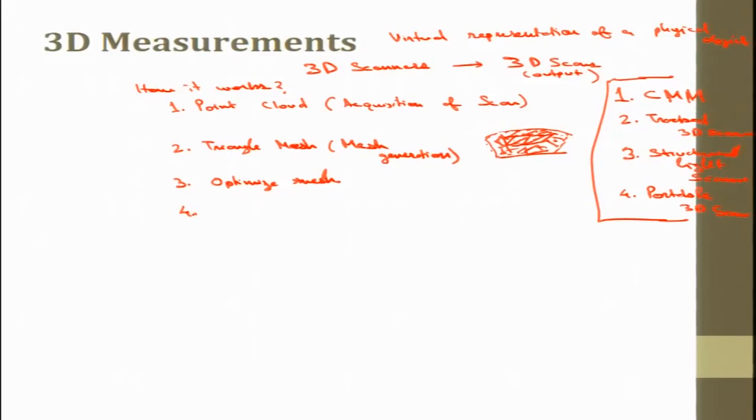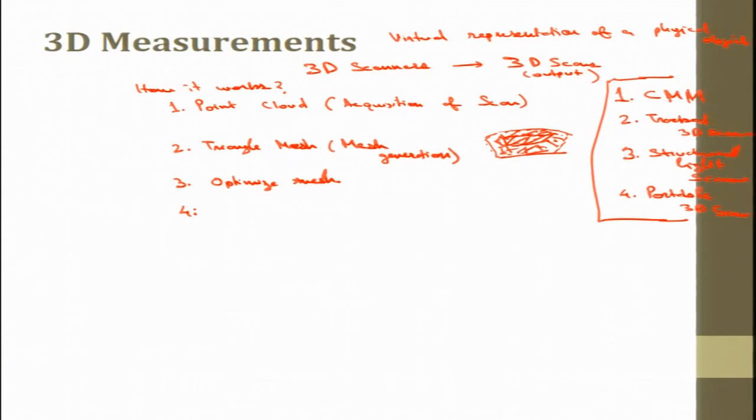Then the fourth point is the output of the mesh. Images and scans are brought into a common reference system where the data is merged into a complete model. A complete model is formed.